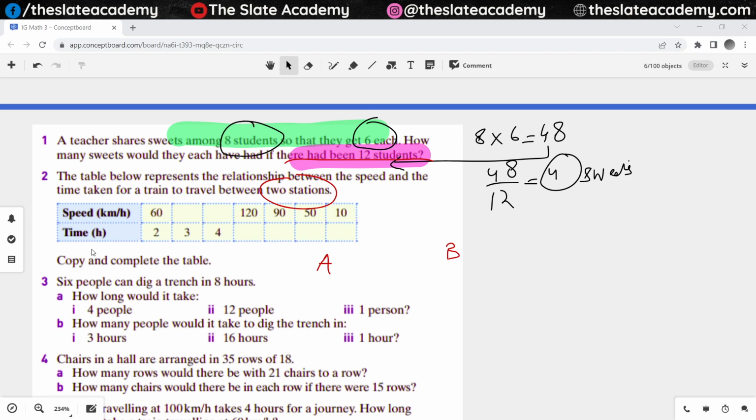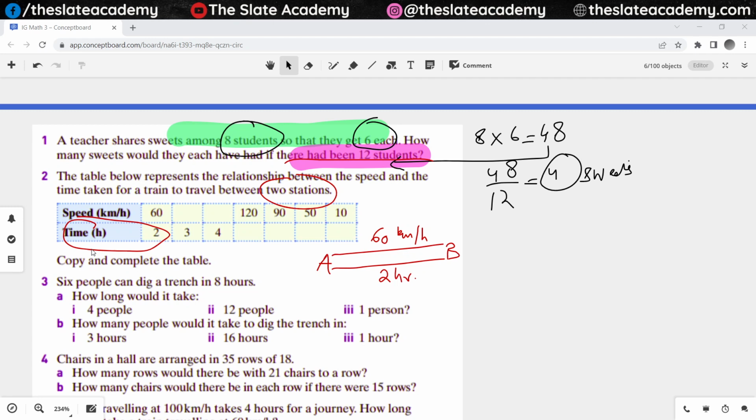First thing it tells me is if it travels at 60 kilometers per hour, how much time does it take to reach station 2? Sir Arman, how much time does it take to reach from one station to the other? It takes 2 hours. Time is given.